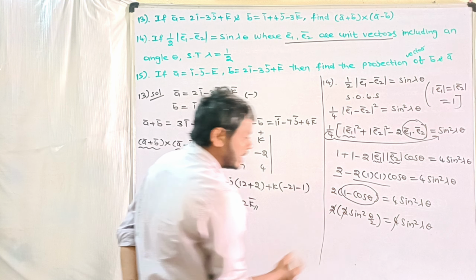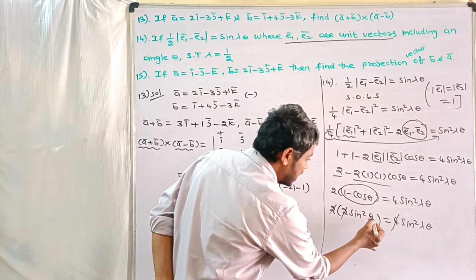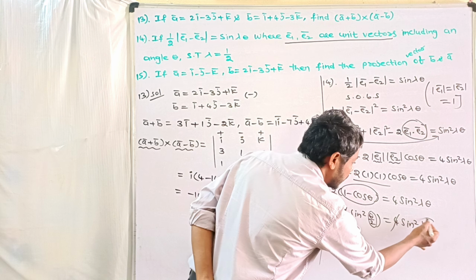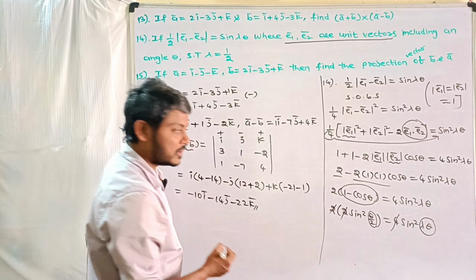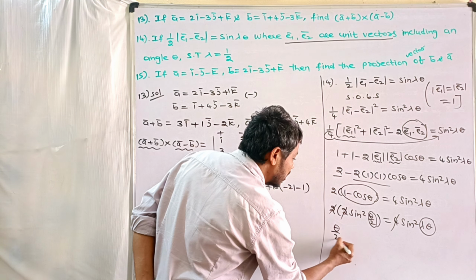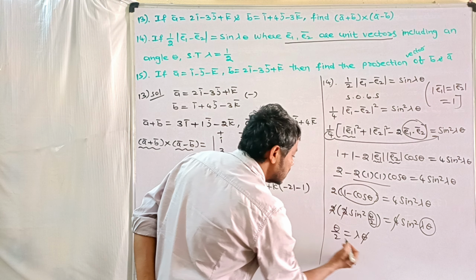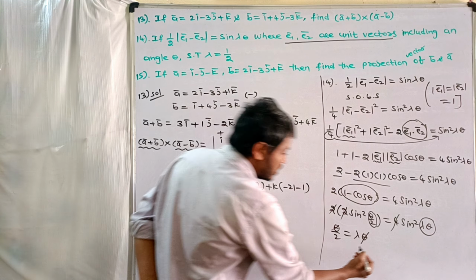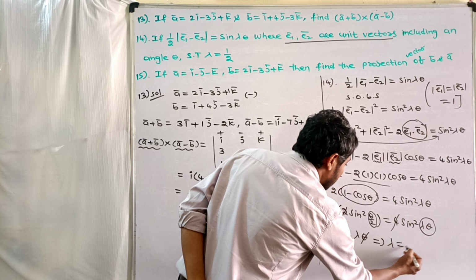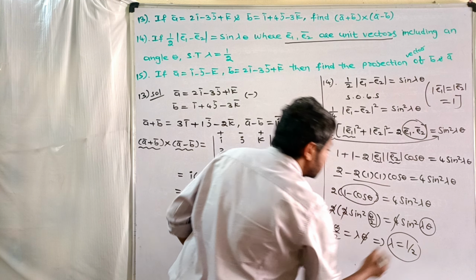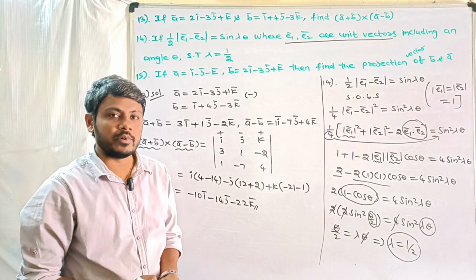So 4 gets cancelled. So clearly in place of theta by 2 we have lambda theta. So therefore theta by 2 equals lambda theta. Theta cancels. So what is the value of lambda? 1 by 2. So this is the value of lambda.